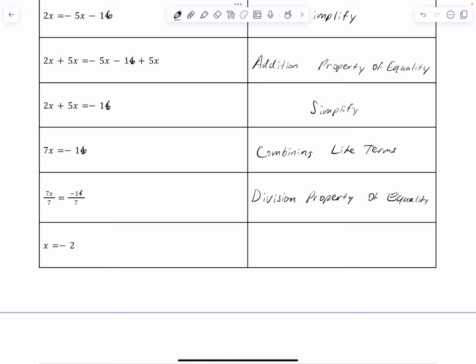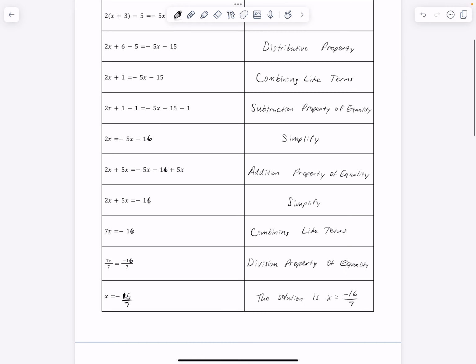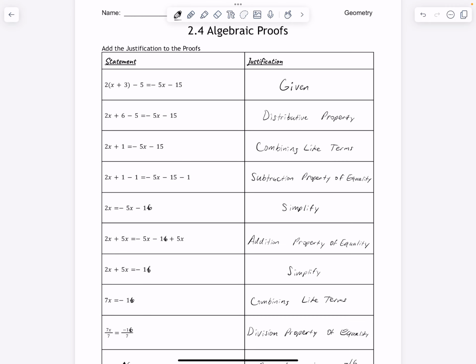All right, and then our solution is going to be -16/7. So this is the solution. Okay, so that's just a brief overview of how we're going to be justifying some statements when we do proofs, okay?